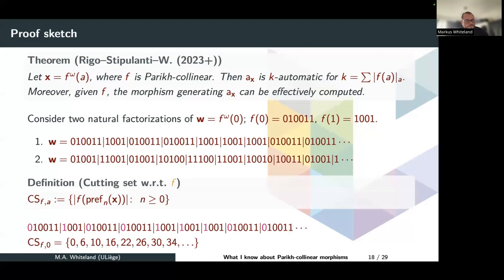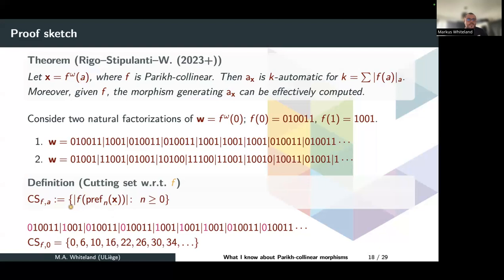So we wish to allow Walnut access to this nice factorization, and here we define the notion of a cutting set. So here you have a pure morphic word x under the morphism f. So let's say we're iterating the morphism on the letter a, and we get this infinite word x.